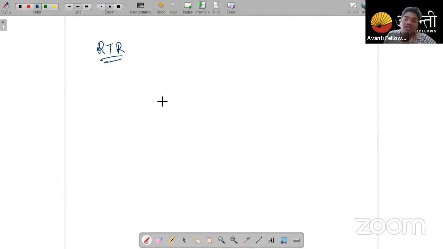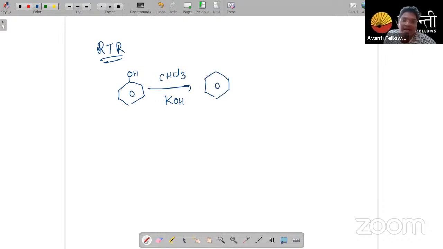In the Reimer-Tiemann reaction, we have a phenol. This phenol, using chloroform in the presence of base, produces salicylaldehyde. This salicylaldehyde formation can be favored, and among the two, which is the favored one? The para product is more stable than the ortho product. We have seen this in the previous class.